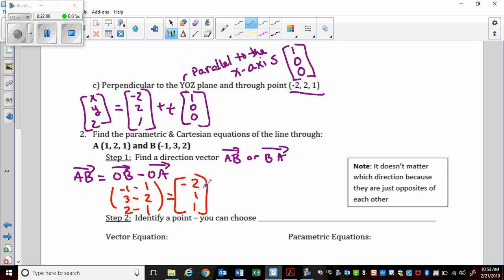Okay. It says step 2. This is my directional vector. Step 2, identify a point you can choose. We can use A or B. It doesn't matter. It says a vector equation.